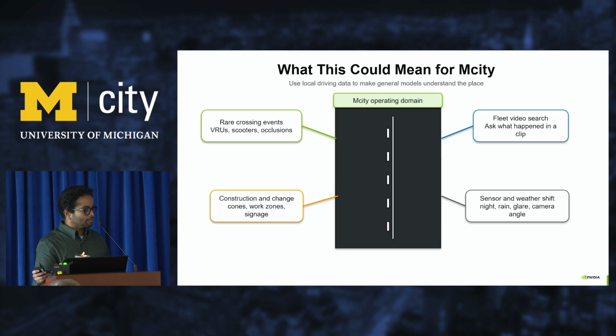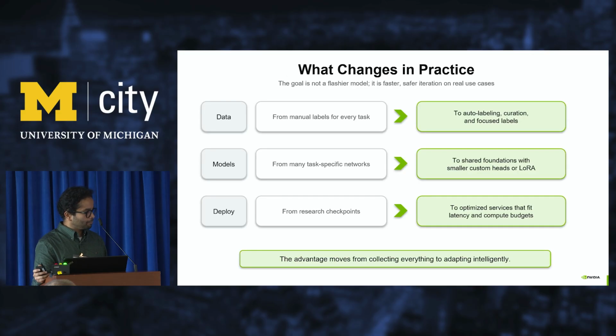A practical example I put there was fleet video search. Even there, these models can come in handy where you want to find particular scenarios pretty quickly, compared to training other traditional models, for video search and summarization, and also sensor variations, and see how it can improve these models.